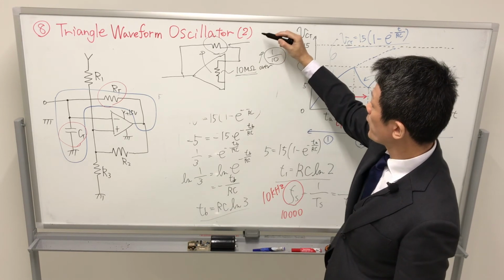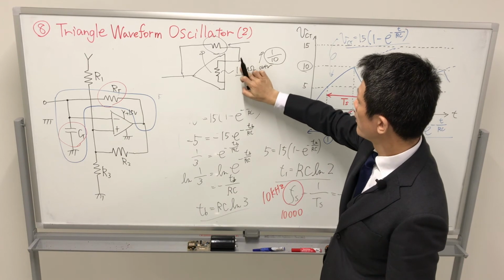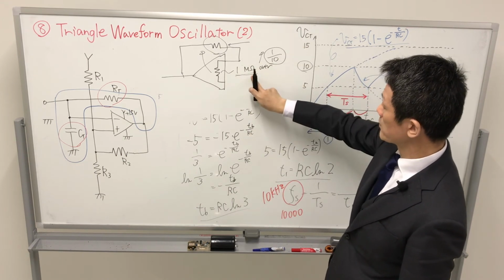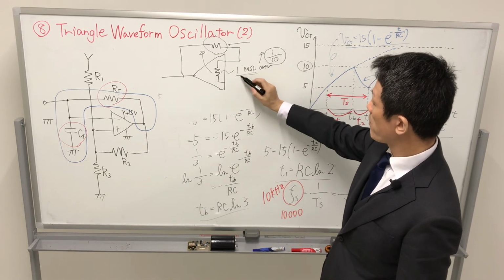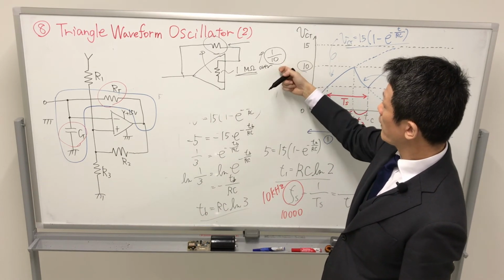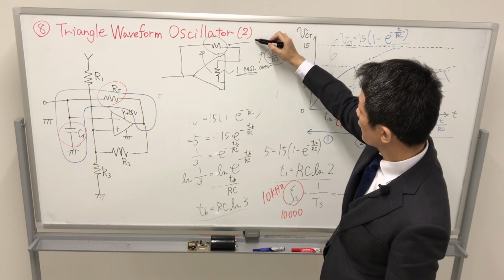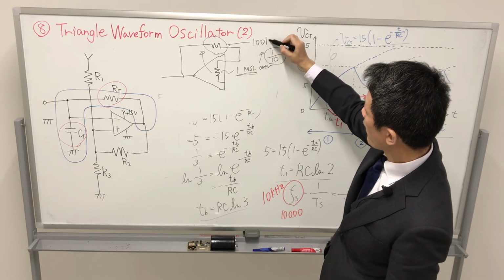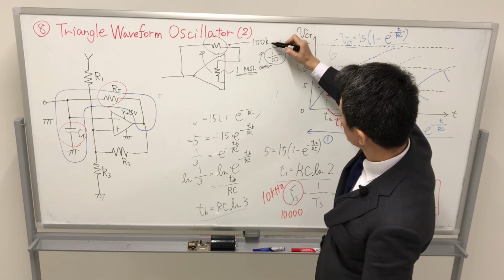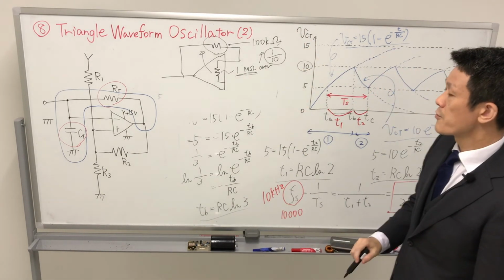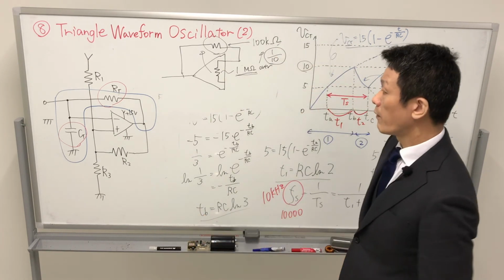So we are at 1 megaohm or over, and the minimum value is here. One tenth of that value is 100 kiloohm. Usually this is electrical engineering know-how.